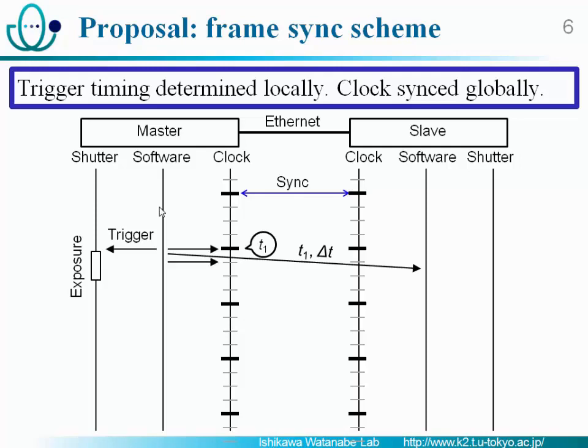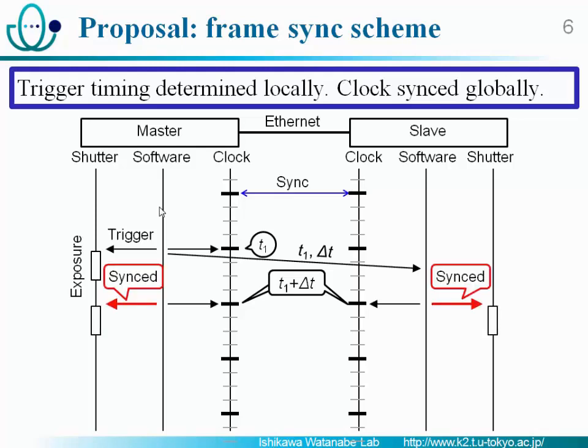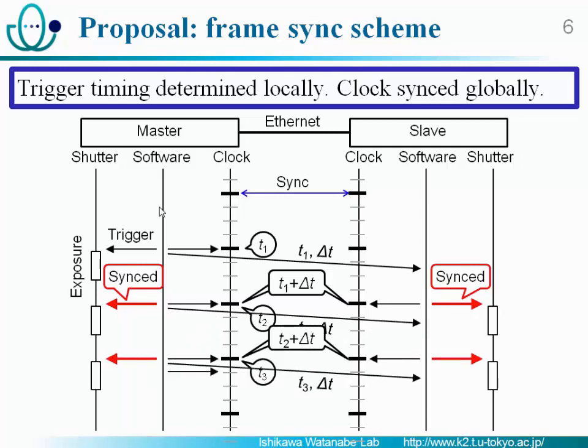The master and slave keep watching the clock and wait for the next timing of trigger. And at T1 plus delta T, master and slave trigger the next frame acquisition. The frame acquisition trigger is accurately synchronized. And repeating the same procedure, the synchronized frame acquisition can be achieved.